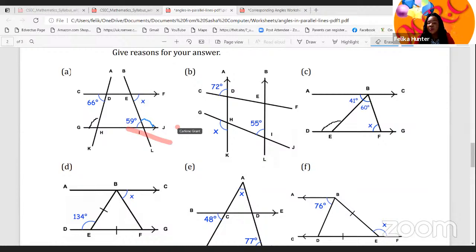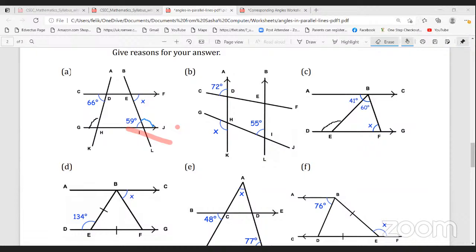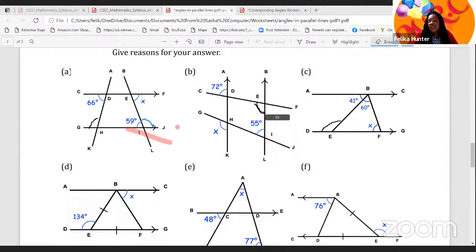Put in the angle that would be co-interior to 55 degrees at B. What would be co-interior to 55 degrees at B?